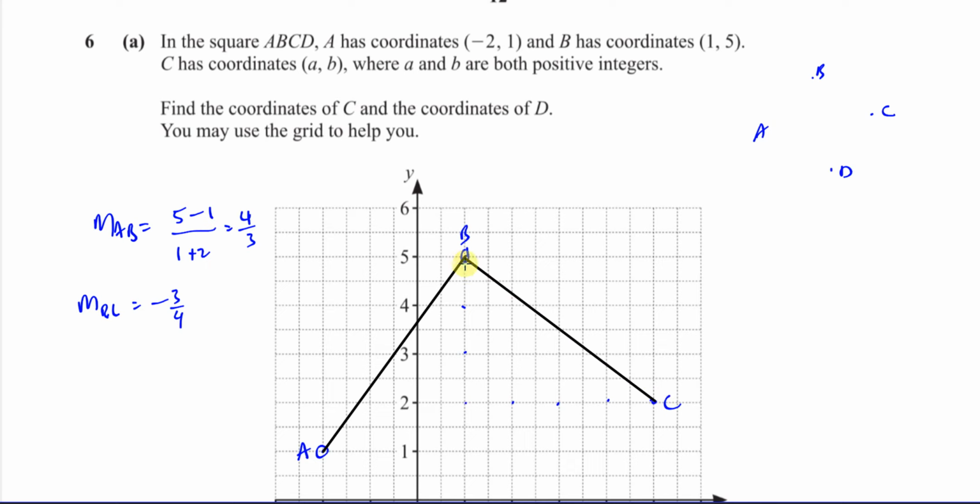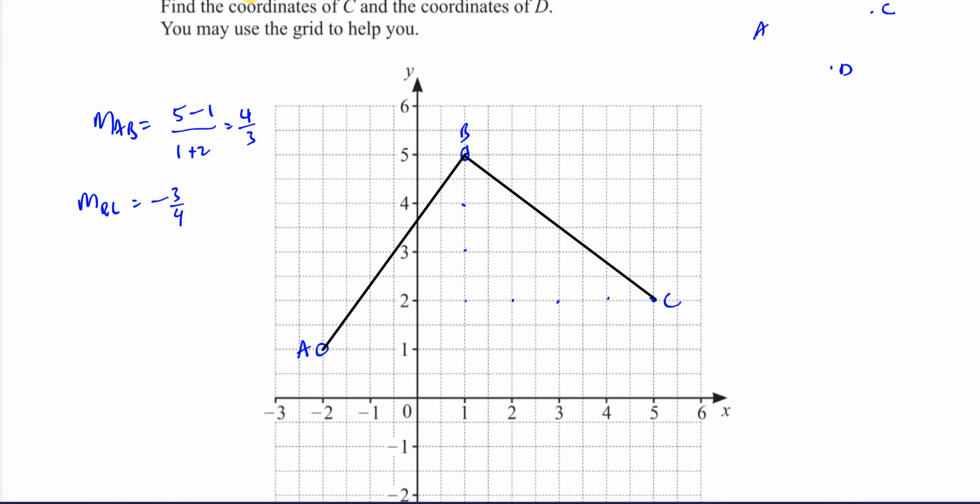That's right angles, and that length is the same as that length. This length is like 3 on one side and 4 on the other, like a 3, 4, 5 triangle. And this is also a 3, 4, 5 triangle if you complete the sides. So C must be at this point over here. That angle must be a right angle.